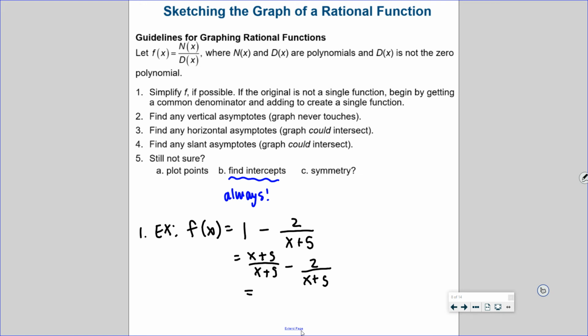And then I can add my numerators, that becomes x plus 3, keep my denominator the same. That's part of simplifying. We're not going to do one like that, but if you ever see that come up, begin by making a common denominator, adding it so you can create a single function, and then from there you can easily find your asymptotes and such.